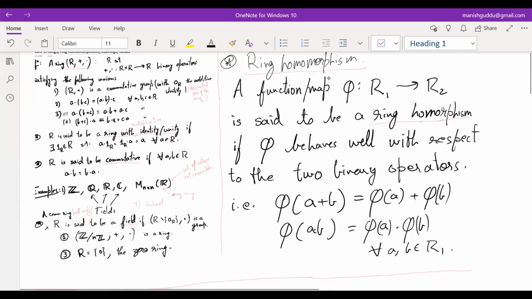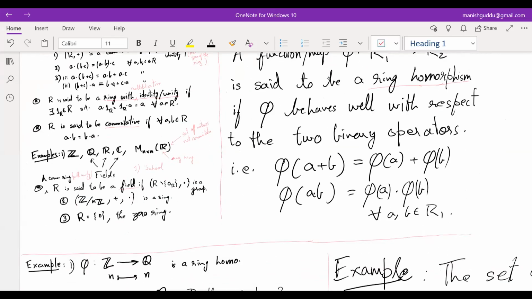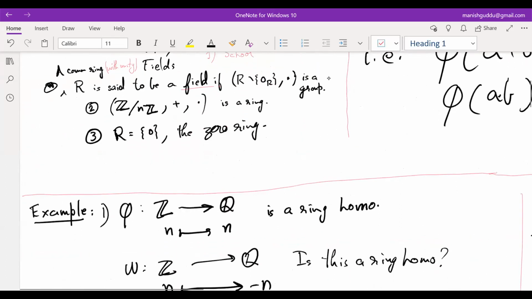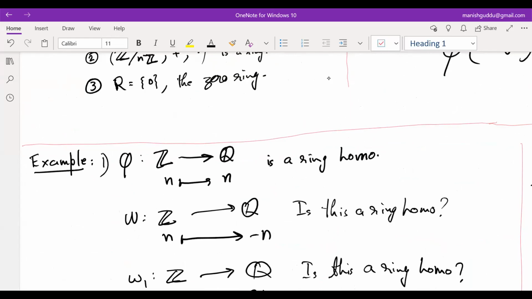So maybe some examples. In example one, if you take the inclusion map from Z to Q, it's a ring homomorphism, right? It's like the identity map, so these two relations are tautological. Let's consider this weird map from Z to Q which sends n to minus n.